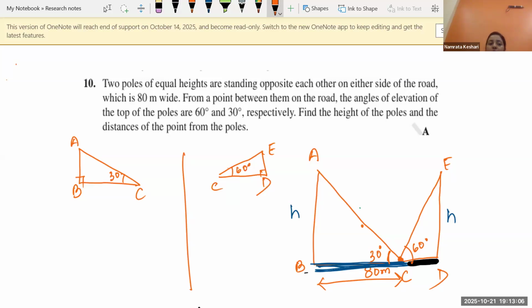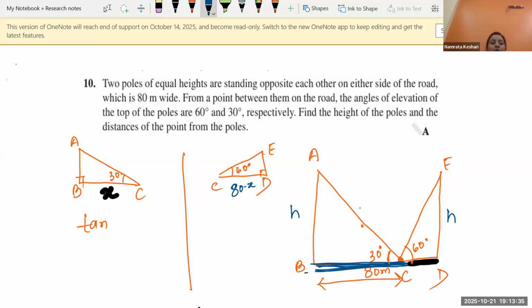You will be using the trigonometric ratio, and again you can use tan. Do we know anything over here? No, but we know the complete distance from B to D is 80 meters. So you can do one thing for solving: suppose the distance BC is x, therefore the distance CD will be 80 minus x. Making sense?